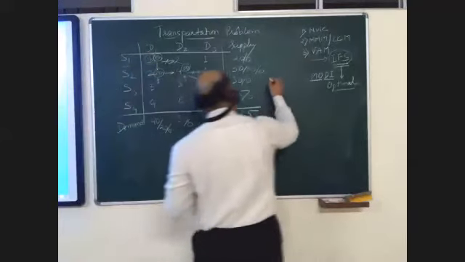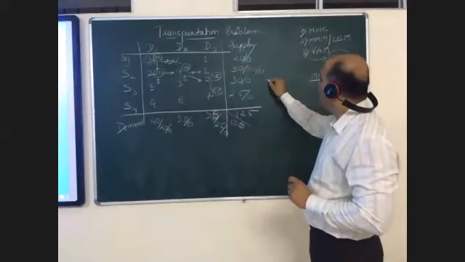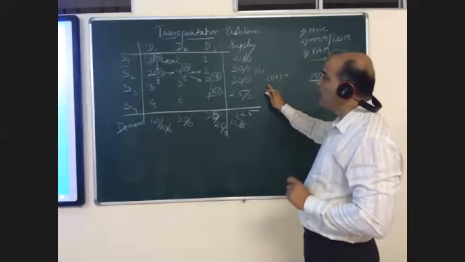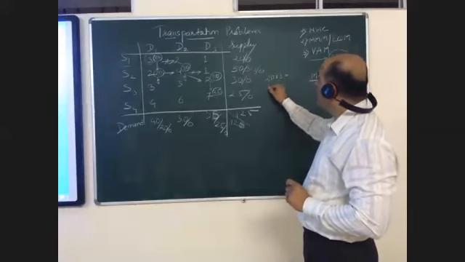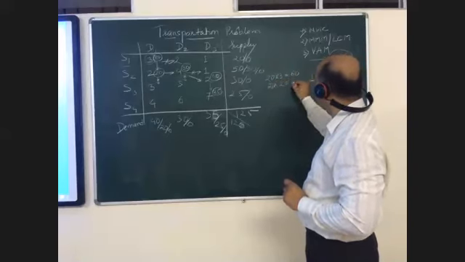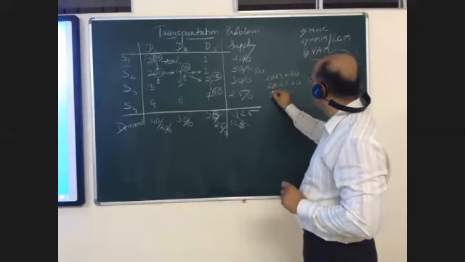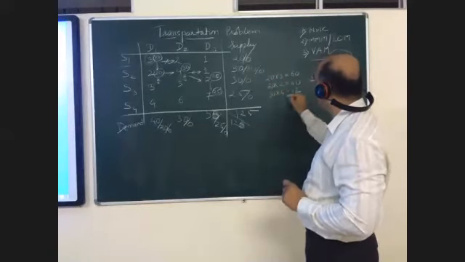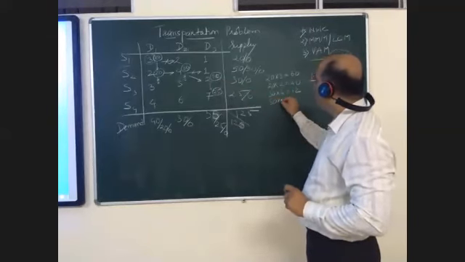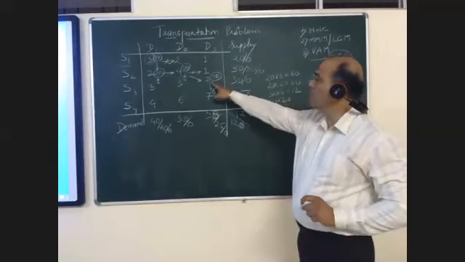What we will do is note down all the costs and supplied units. So this is 60, this is 40, then 30, because 4 is the cost, 30 into 4, 120.